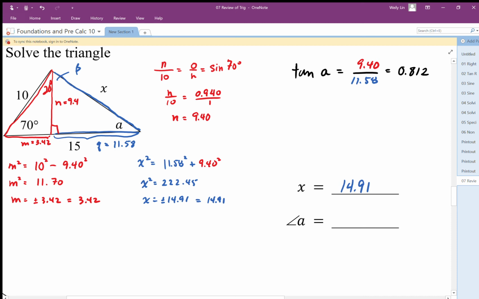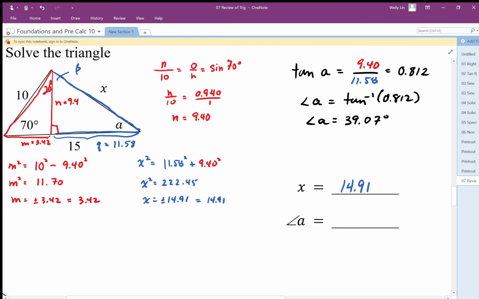I'm going to undo that ratio and come up with an angle, so I need to use arctan. Arctan of 0.812 gives me angle A, which works out to be 39.06 or 39.07, I'm getting.